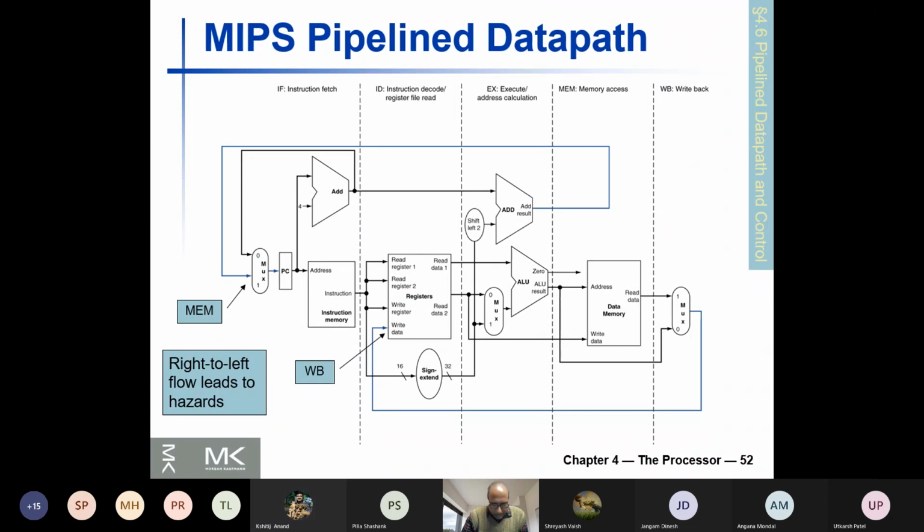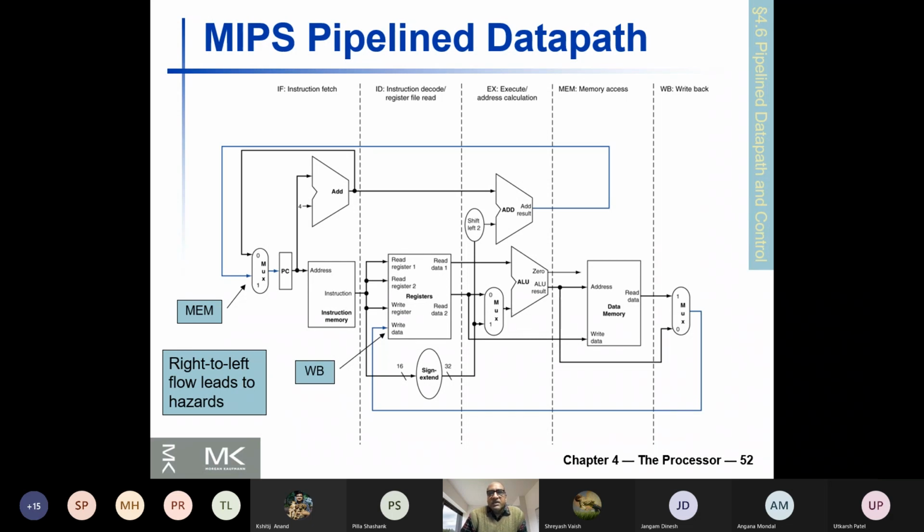Okay, yeah, good. So if you try to recollect, in the last week, we started the discussion on the processor, designing of a processor. It basically involves designing the data path and its controller.